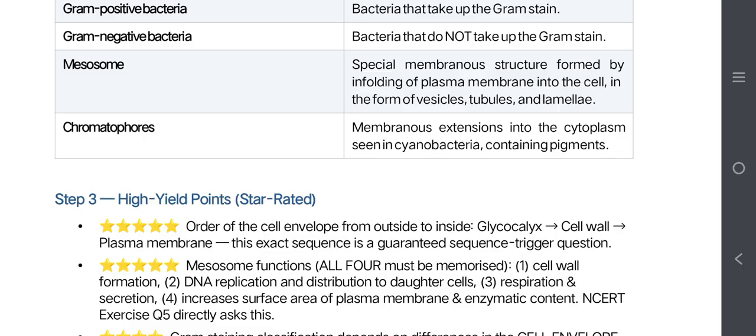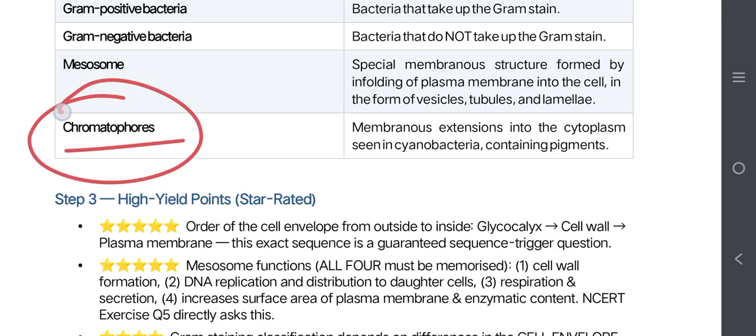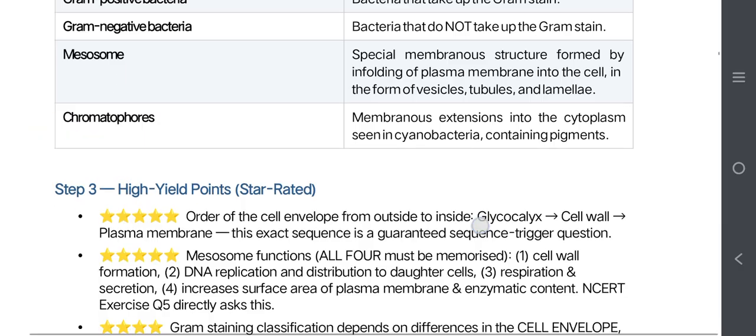Chromatophores are membranous extensions of the cytoplasm, seen in cyanobacteria and containing pigments.